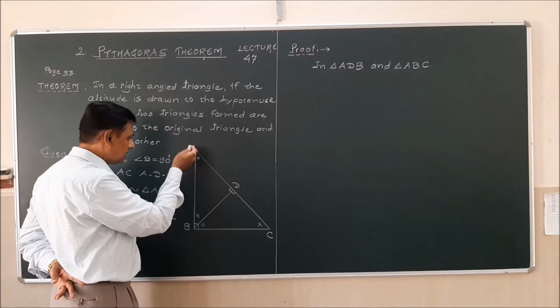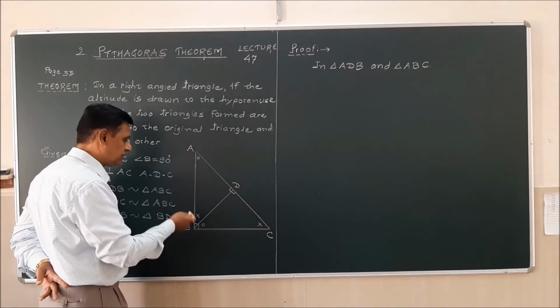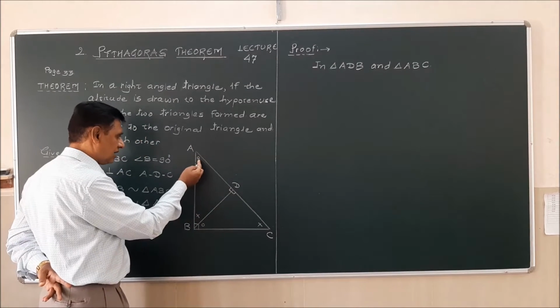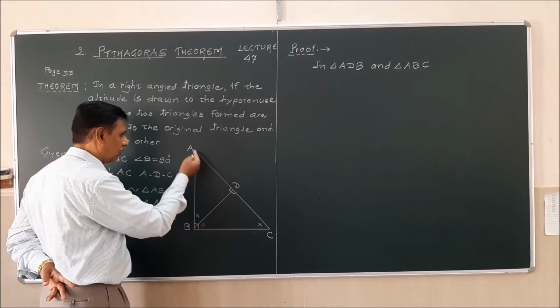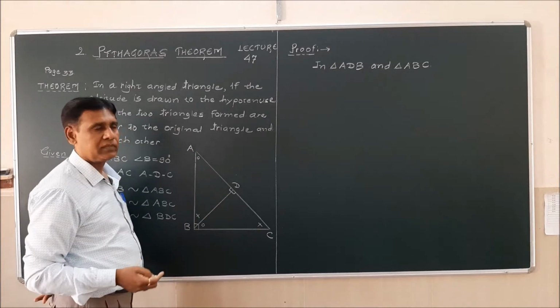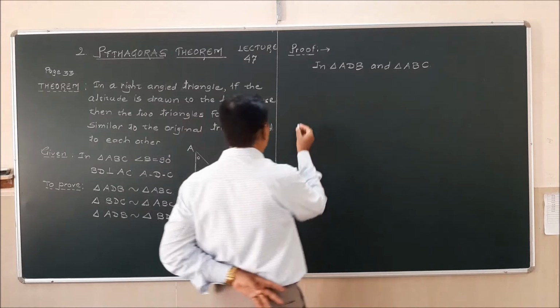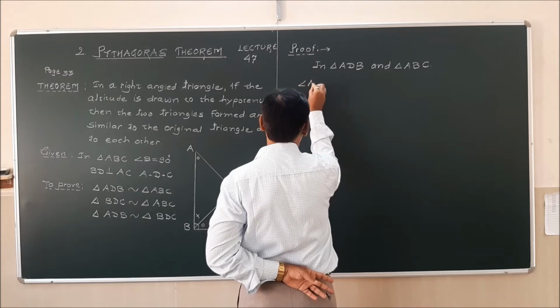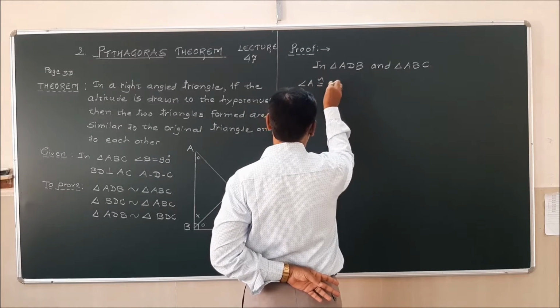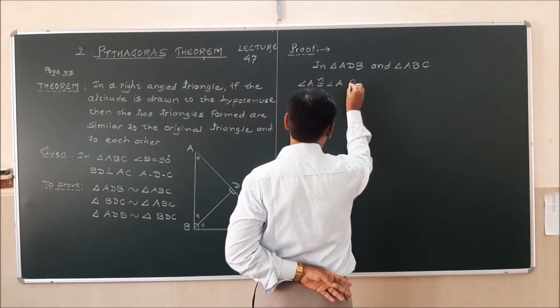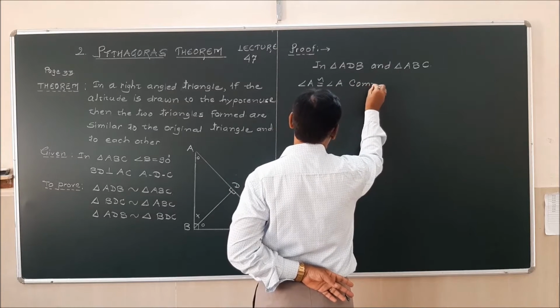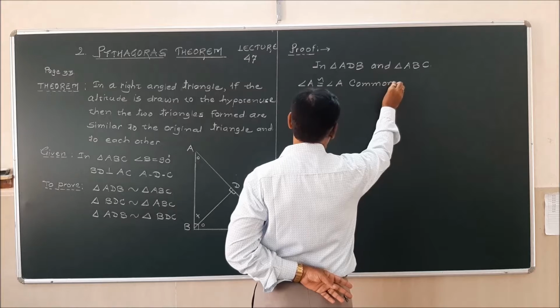Angle A is an angle of triangle ABC as well as an angle of triangle ABD. Therefore, angle A is congruent with angle A. That is common.